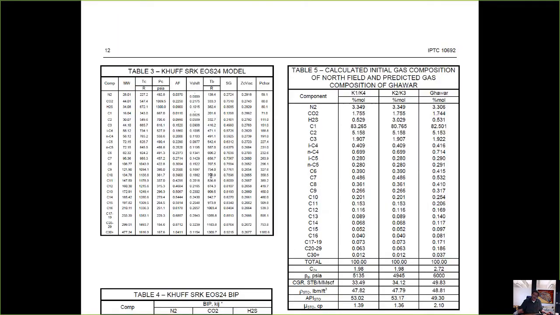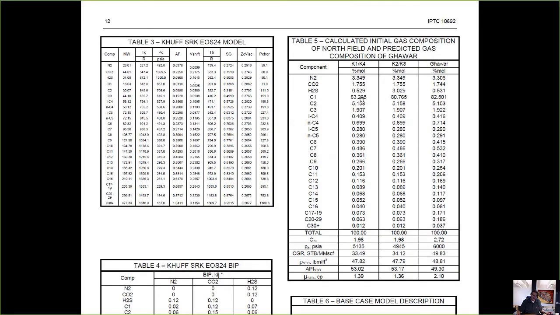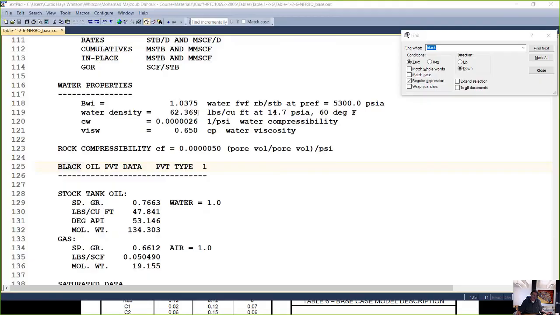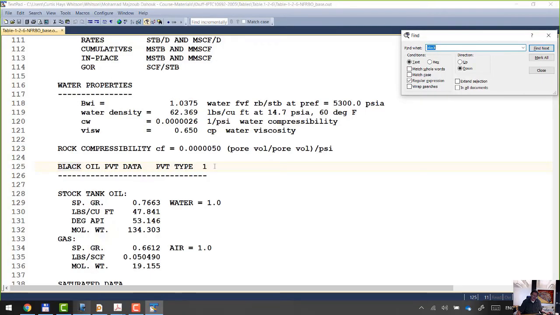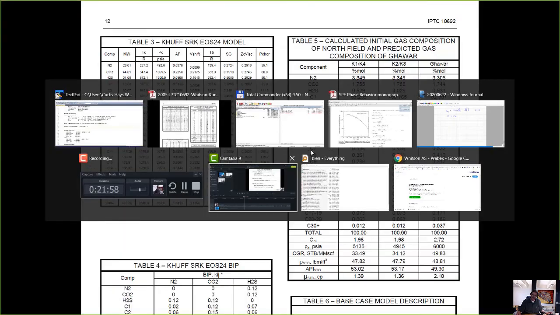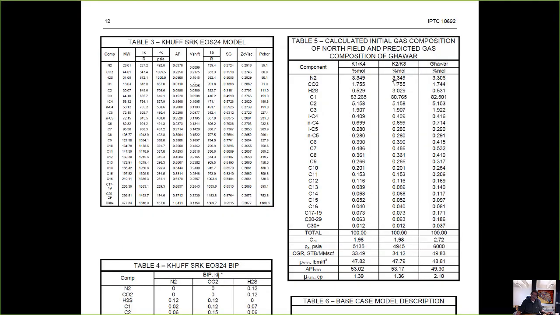So if we go up here, you can see that K1, K4 is the first table that you'll find in the output file. This table, PVT type 1, that's this first table. And table 2 is for K2, K3, where we've basically moved 3 mol% of the methane into H2S to give a well stream with a higher H2S content. Otherwise, the compositions of all the other components are the same.